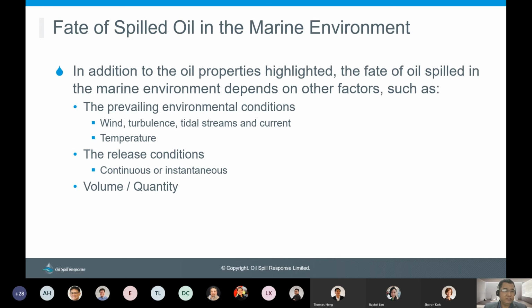Also, the temperature of the water. It also depends on the release conditions, which is either continuous or instantaneous. And at the same time, it depends on the volume or quantity of oil that has spilled into the marine environment.